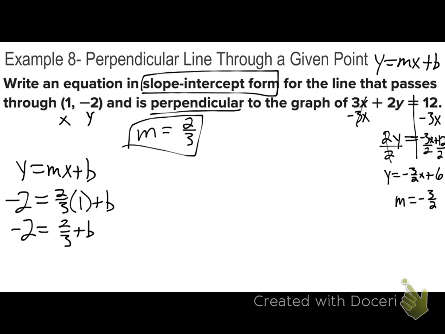How would I get b by itself? Subtract 2/3 from both sides. So I get -2 minus 2/3. What does that give me for my b value, my y-intercept? Someone type that in your calculator for me: -2 minus 2/3.